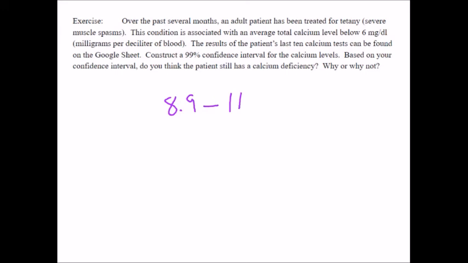Right, based on your confidence interval, do you think the patient still has a calcium deficiency? If you go back in the problem, it talks about a calcium deficiency being below 6 milligrams per deciliter.